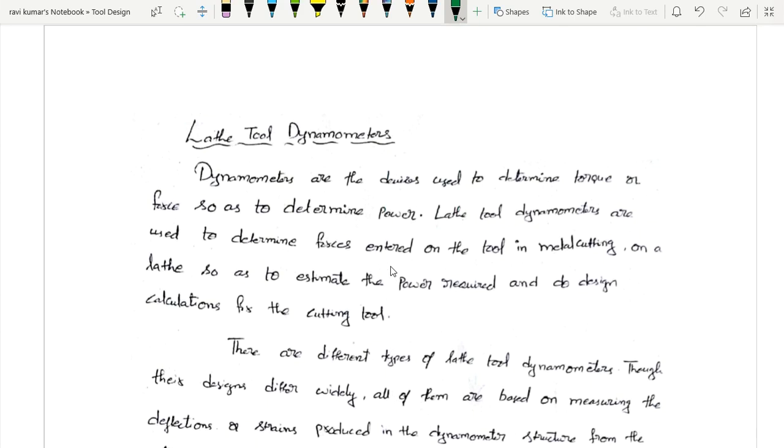So this lathe tool dynamometer is nothing but an instrumentation setup for determining forces in the cutting region.